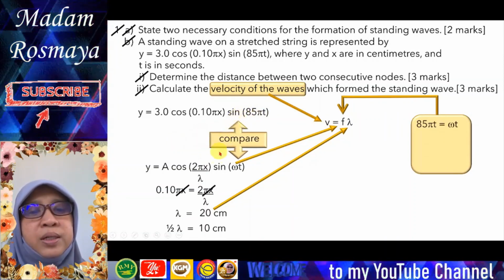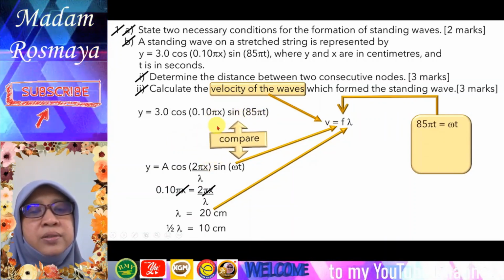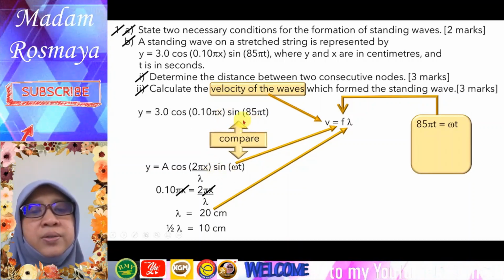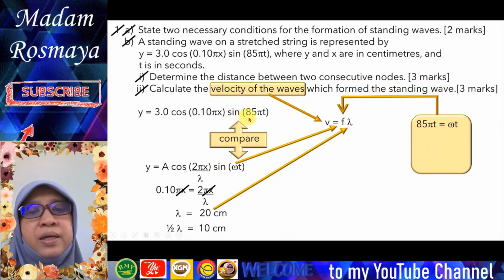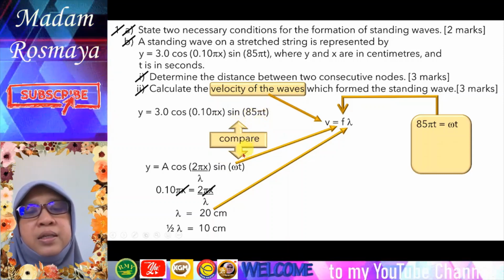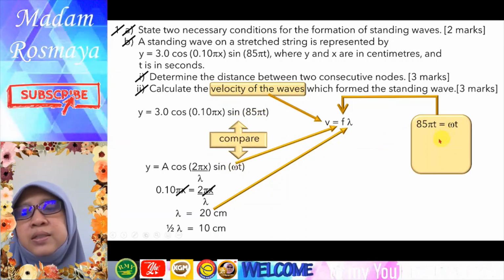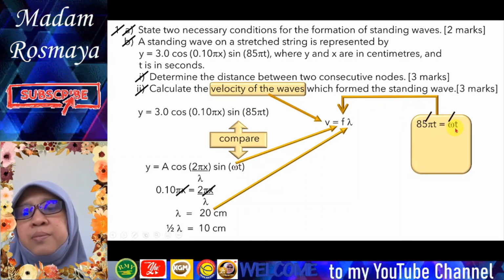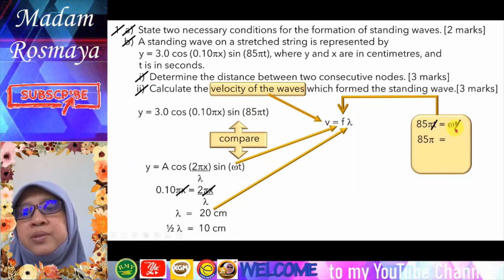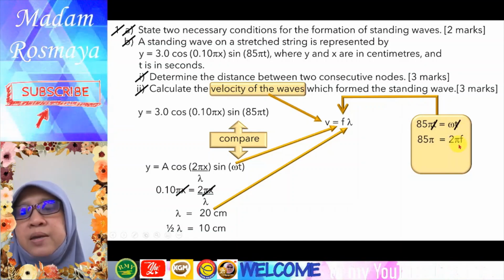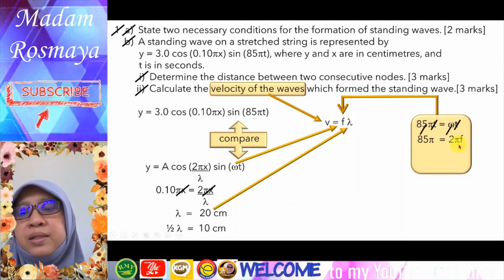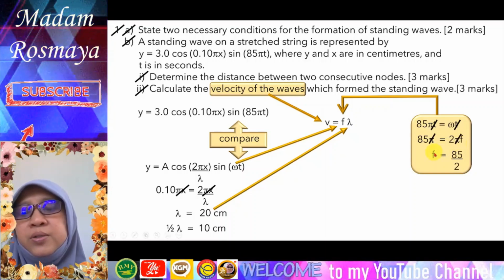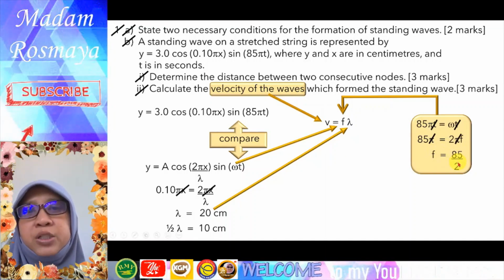Compare the equation given with the general equation. The sine part, 85 pi t equals omega t. So t can be cancelled out, and we substitute omega equals 2 pi f, and pi can also be cancelled out. So we get the frequency f is 85 per 2.